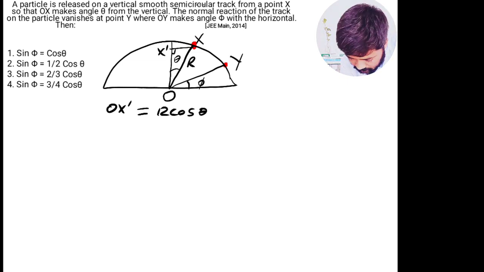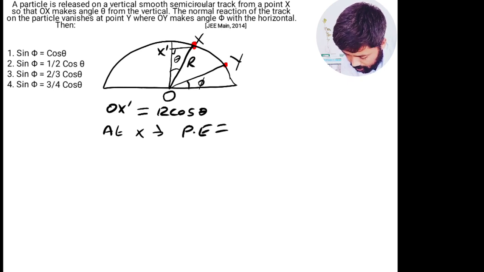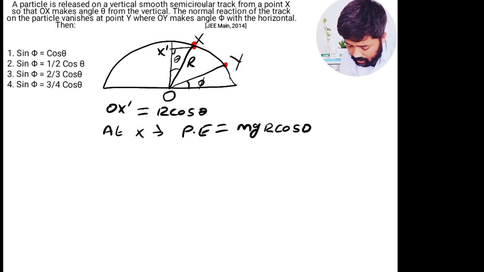Now at X, at this height, if you see the potential energy, if m is the mass of that particle, it will be mg R cos theta.